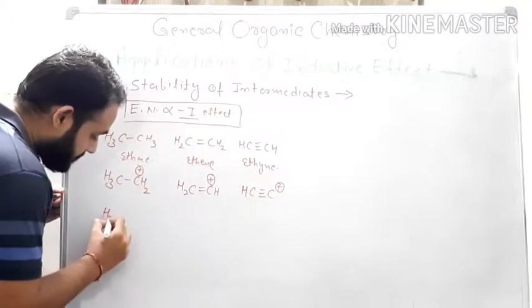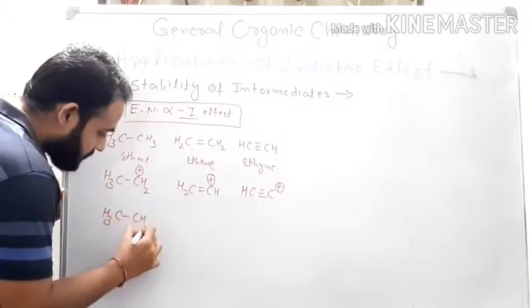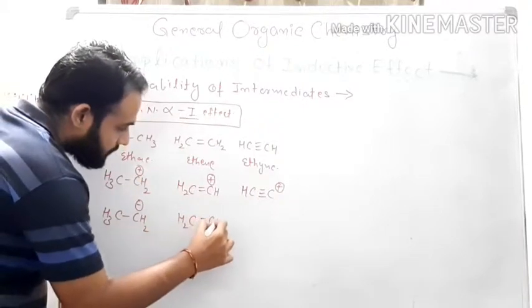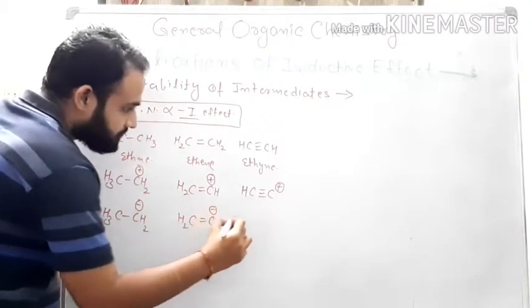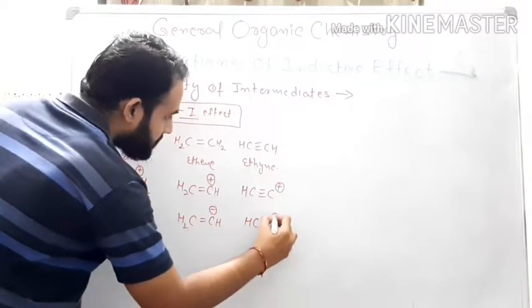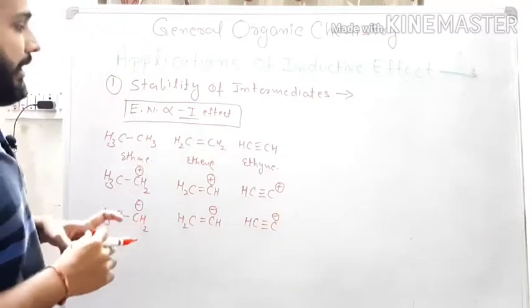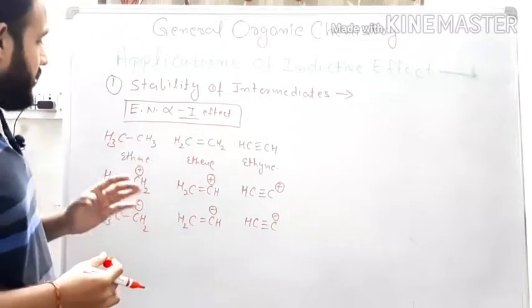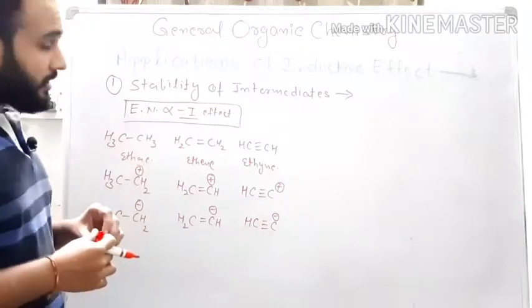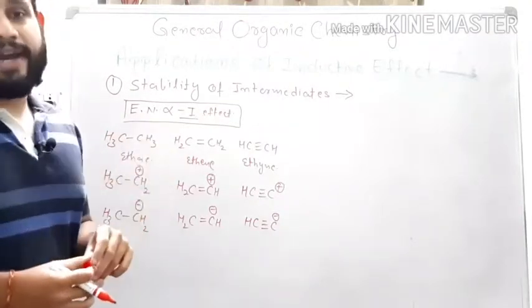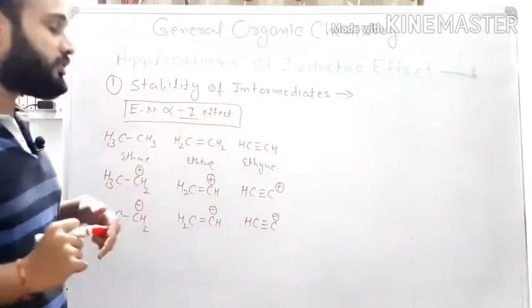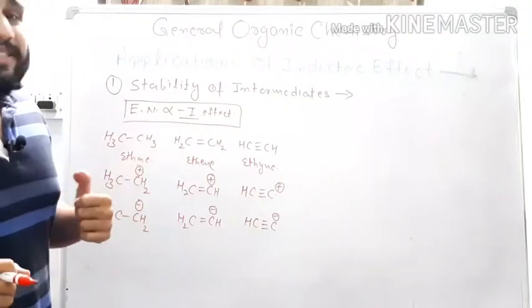See, okay. So we must find the order of their respective stability, cations and anions. Now friends, here we say that electronegativity is directly proportional to your minus I effect.